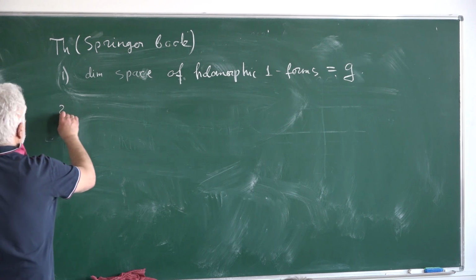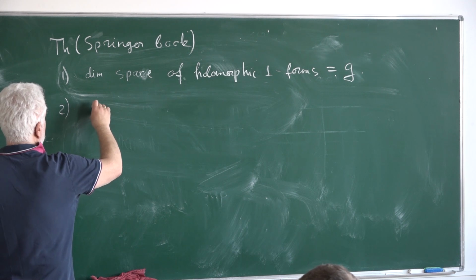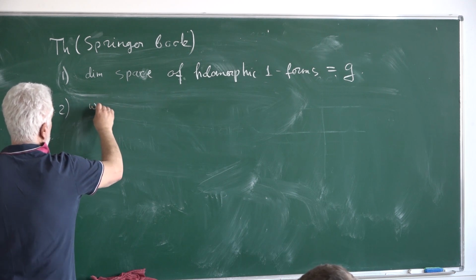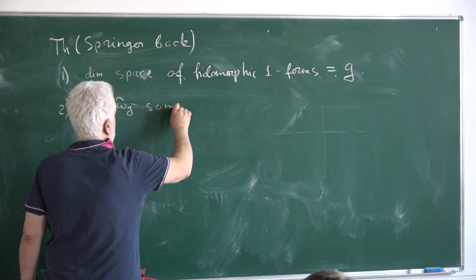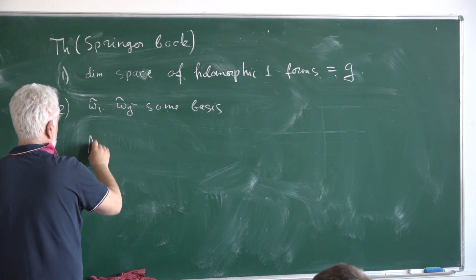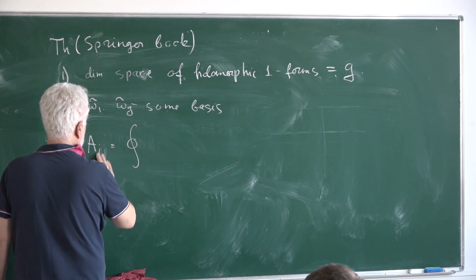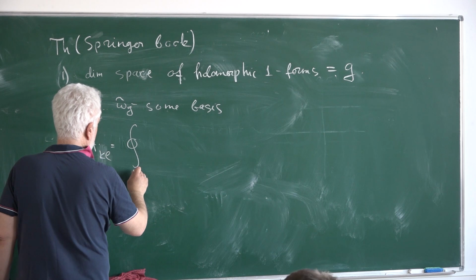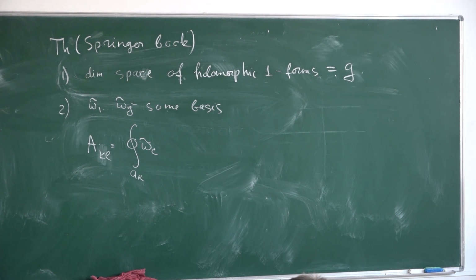Second statement. Assume that we have some basis omega 1 through omega G of holomorphic forms. Then the matrix A_KL. What is essential in the statement is that we do not take integrals over all cycles.